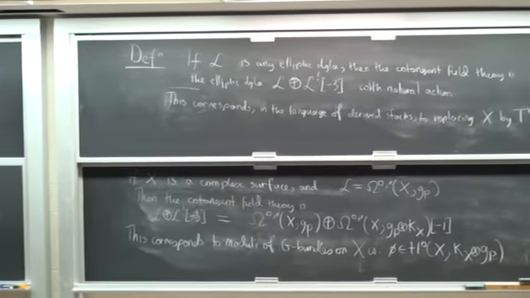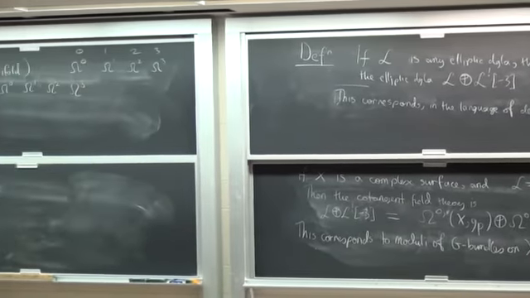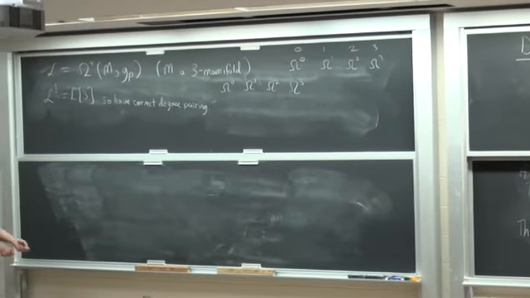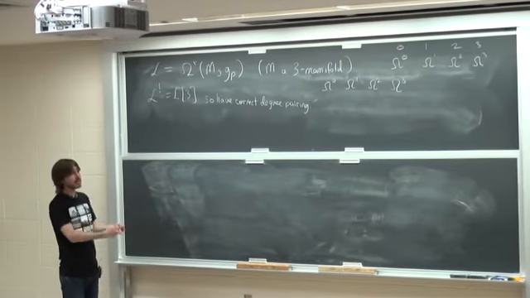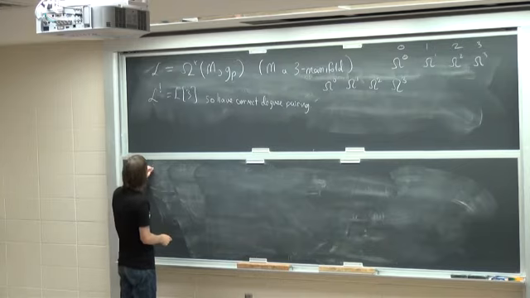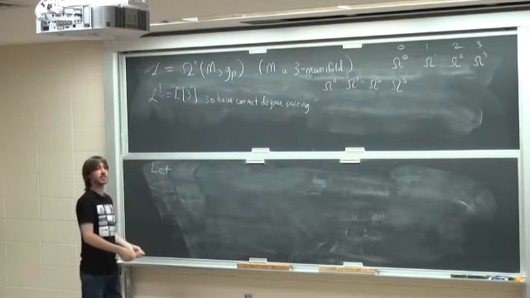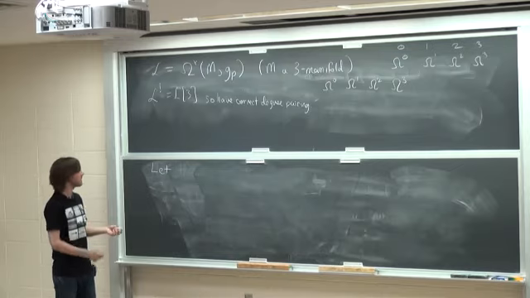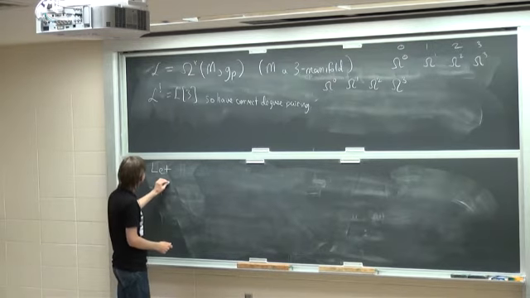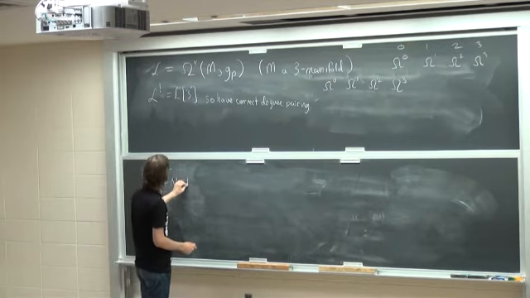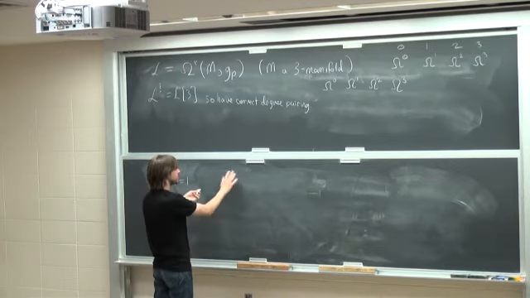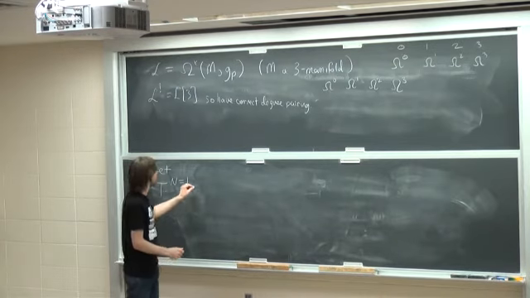So this allows us to define a certain DG Lie algebra. This is called the N equals 1 supertranslation algebra, T^{N=1}. Sorry, it's not DG, it's Z/2 graded.